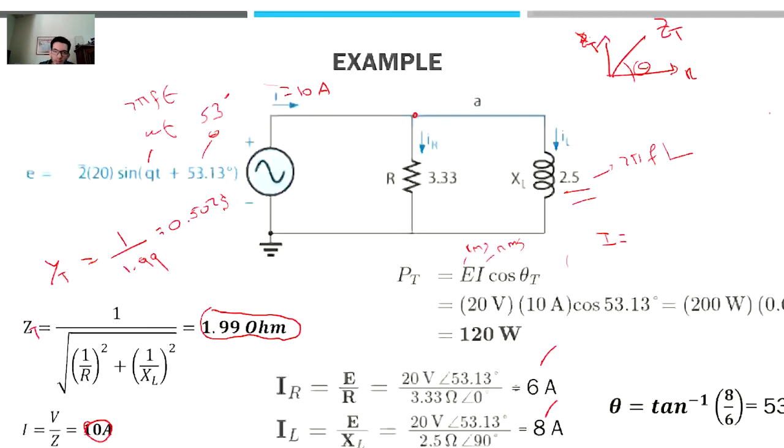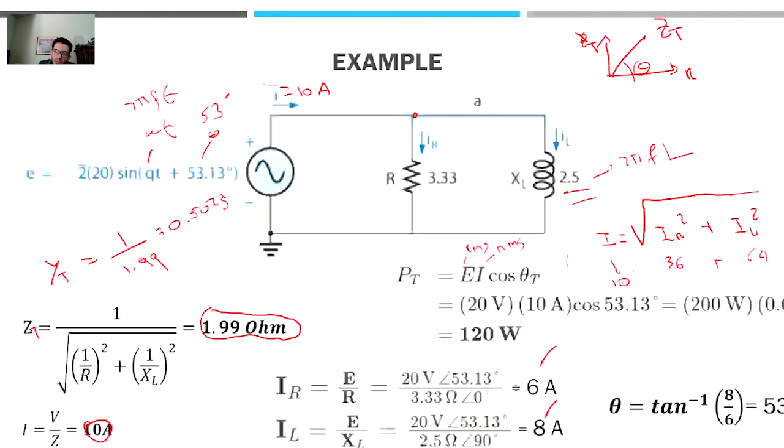So in order to get this total current, you have to find the total magnitude, which is the square root of IR squared plus IL squared. So 6 squared is 36, and 8 squared is 64, and 36 plus 64 is 100, square root of 100 is 10.